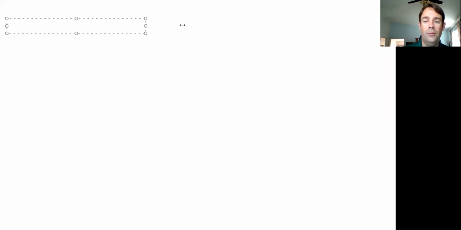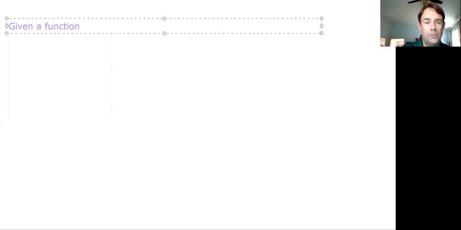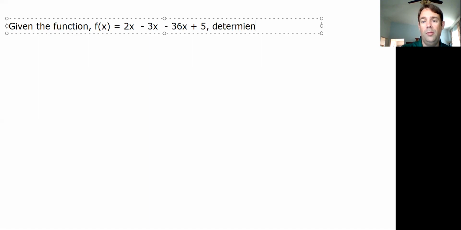All right, so given a function, I'm going to have you guys determine the following. f of x equals 2x cubed minus 3x squared minus 36x plus 5. Determine the following things.